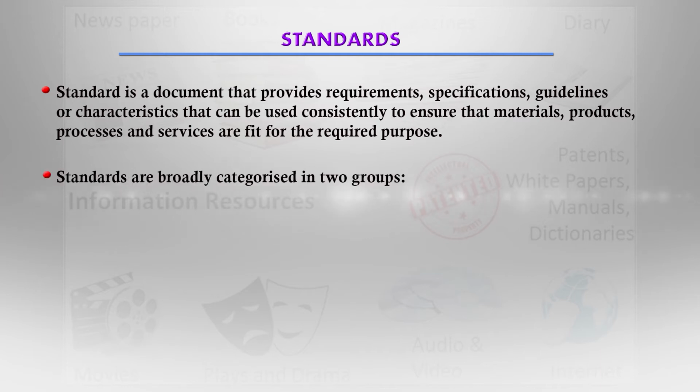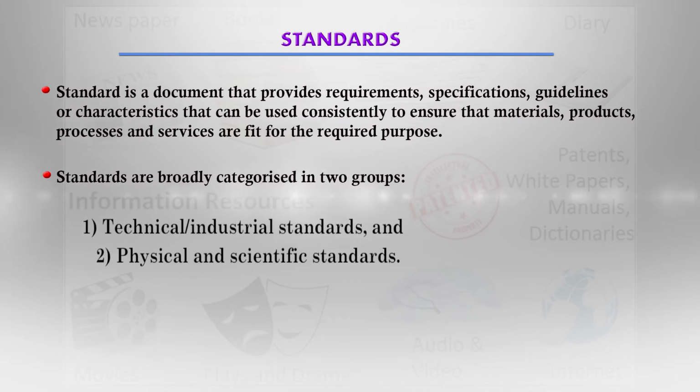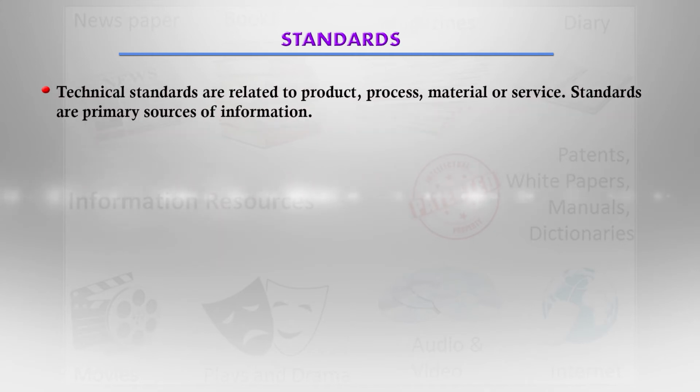If we want to categorize, these standards are of two types: technical or industrial standards, and the other is physical and scientific standards. These technical standards are related to product, process, material or service. These standards, as we say, are primary sources of information.